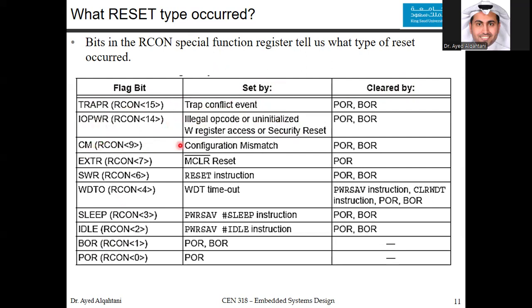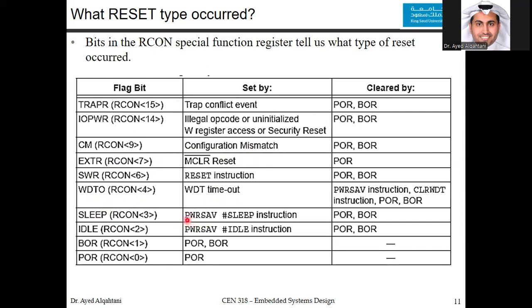The CM is the configuration mismatch. The external is the master clear pin. The software is the reset instruction; if you have the reset instruction, it will set its flag. The watchdog timer timeout is for the watchdog timer. The sleep and the idle each have a special instruction.